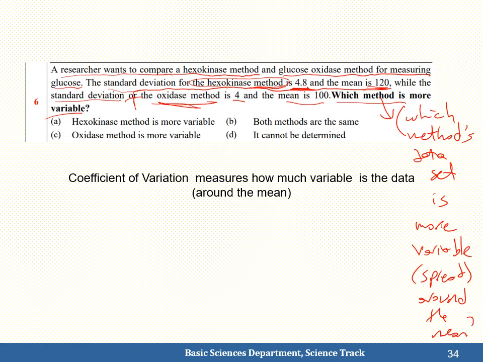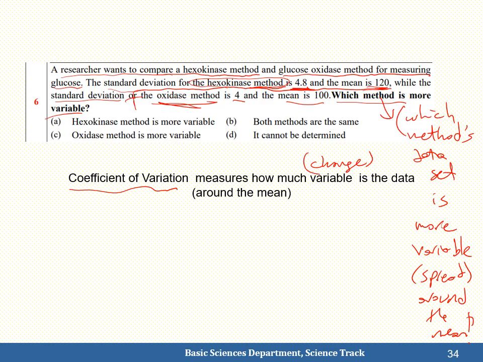In order to calculate this, we need to use the coefficient of variation. It basically measures how much the data is changing around the mean, or how variable it is.